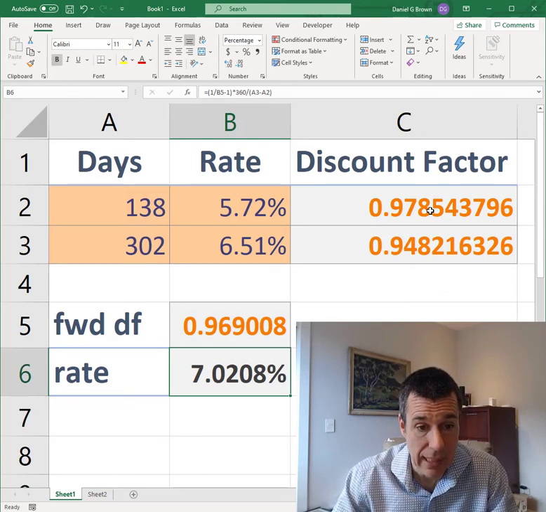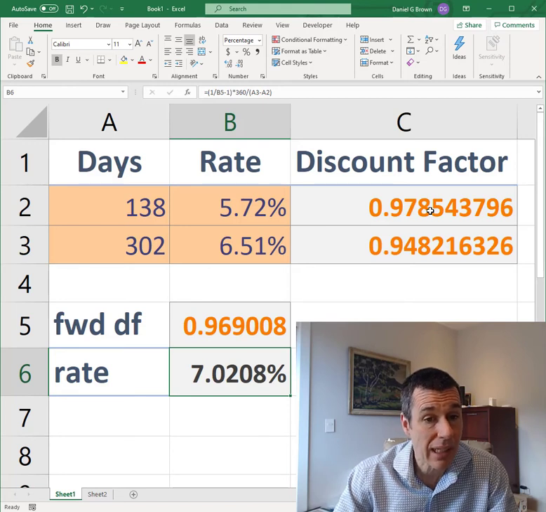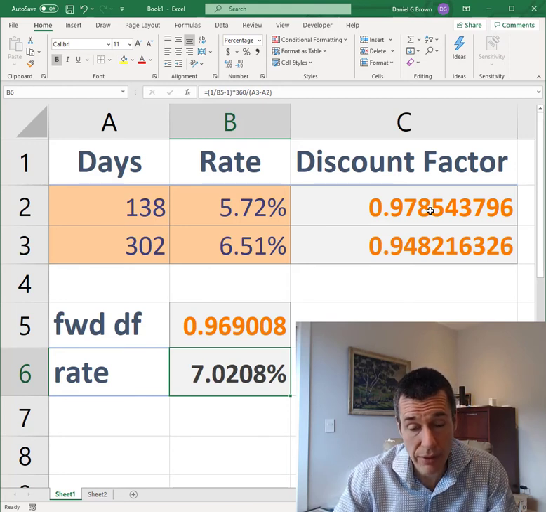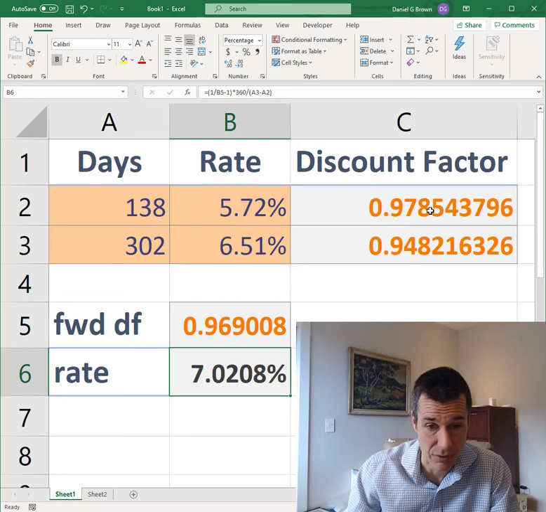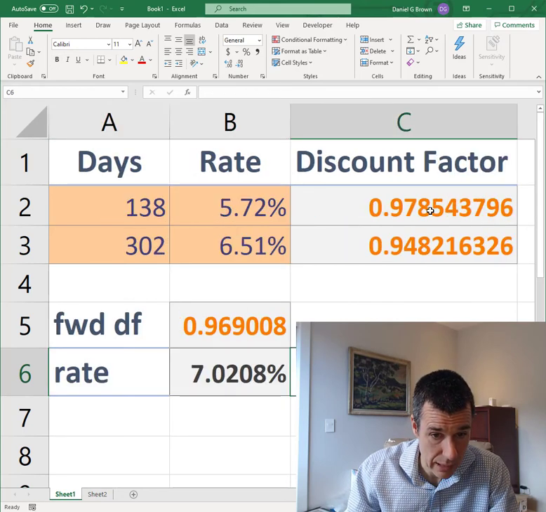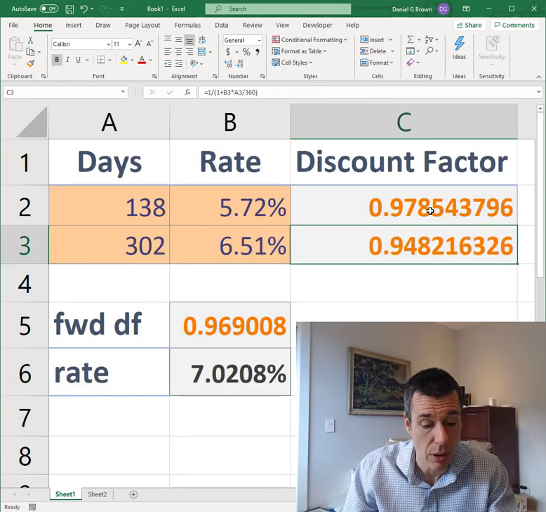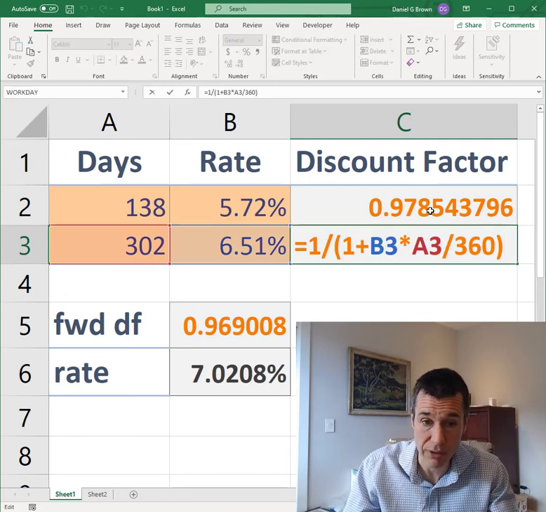7.0208. Again, we've really used a couple of formulas here. One of the formulas we used was the discount factor formula, 1 divided by 1 plus the rate times days over 360.